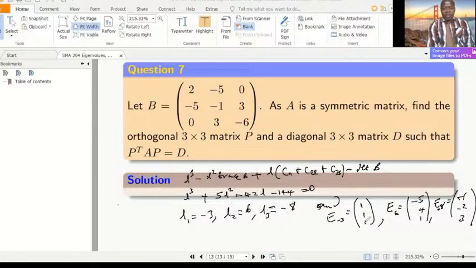Then I now normalize these and arrange them in column form. I know you know how to do that.